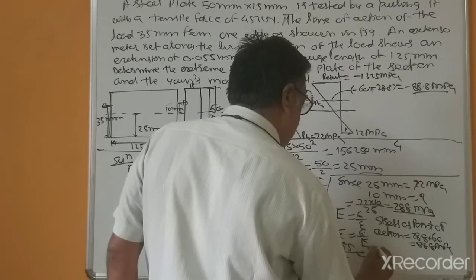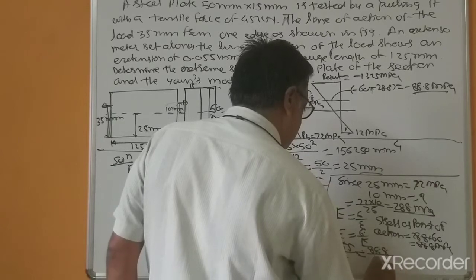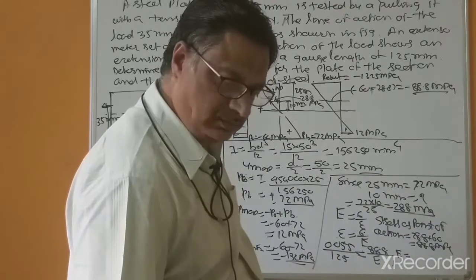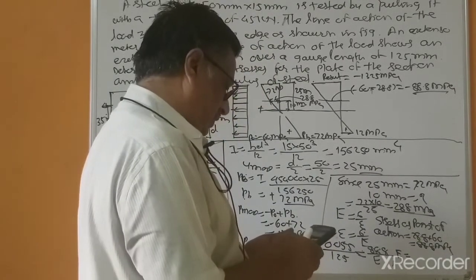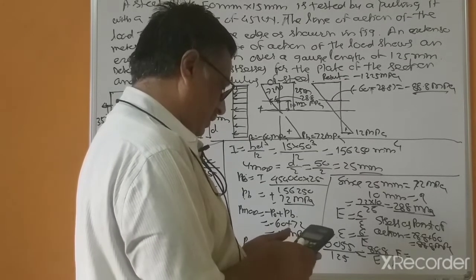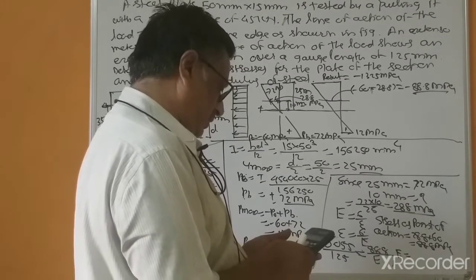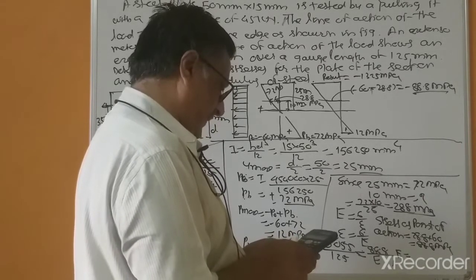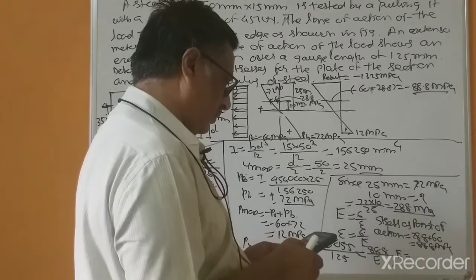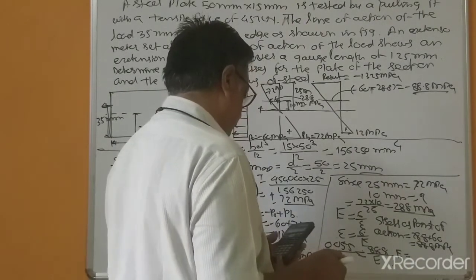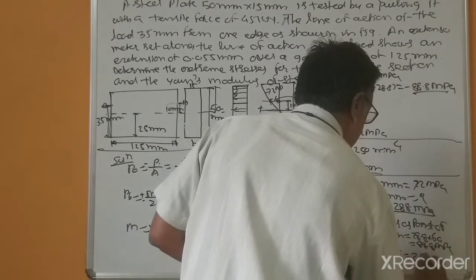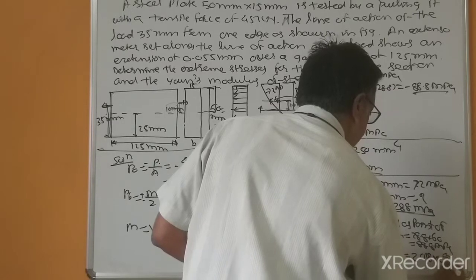So that's why 88.8 megapascals divided by E. So E equal to 88.8 multiplied by 125 divided by 0.05, this is equal to 2.10 to the power 5.